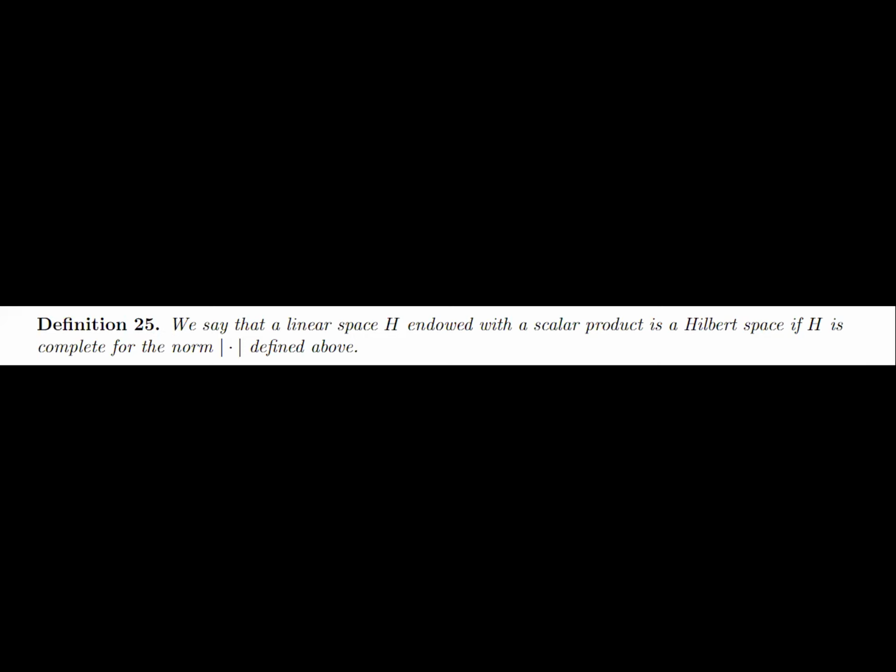All right, so now, what's a Hilbert space? It's a linear space endowed with the scalar product, which is complete with the associated norm that we just defined. All right. So there are a lot of classical Hilbert spaces that are very useful.